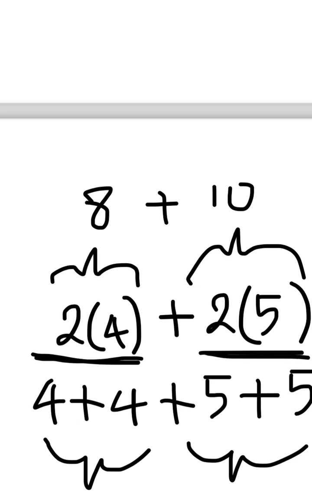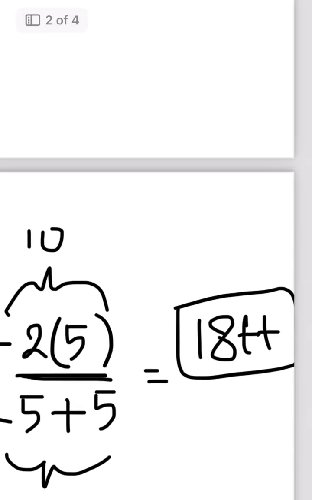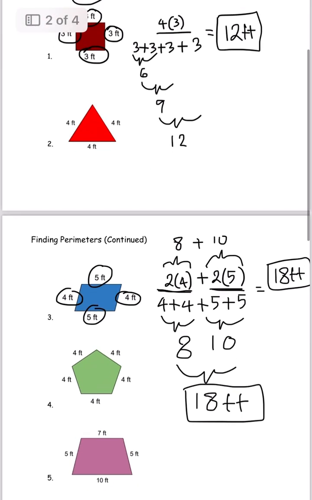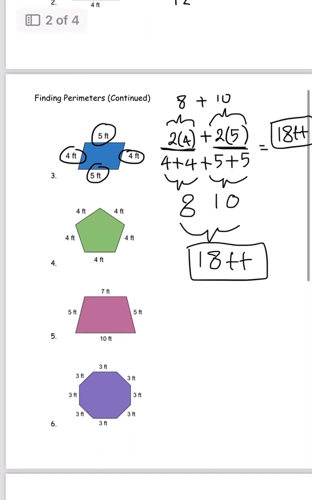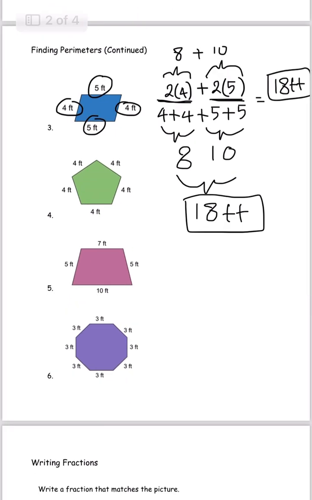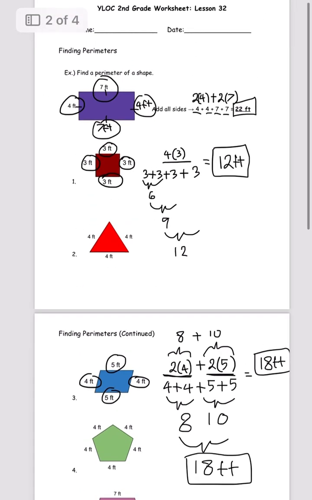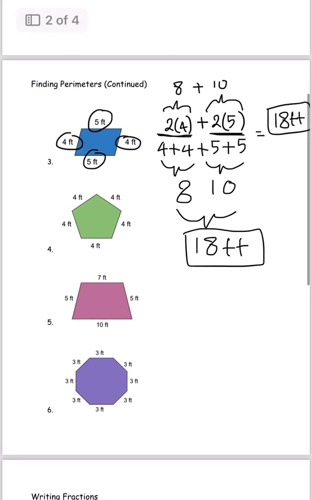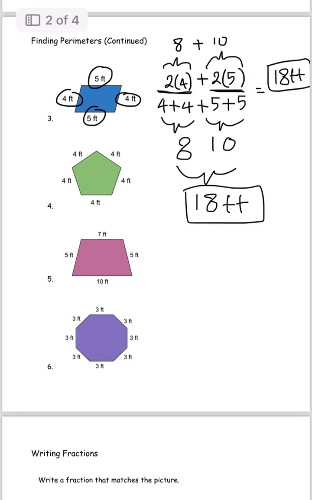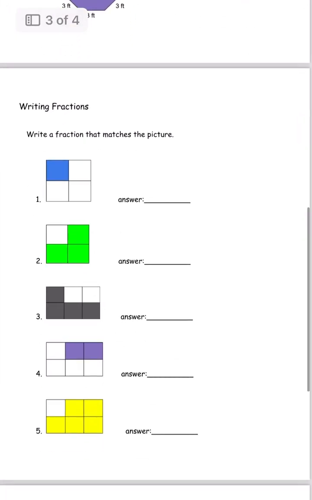So you have to first multiply and then add them together. Okay, so it's going to be 18 feet. Then the rest of them you could try, I think, because it's pretty much similar. And then let's move on to the next page.